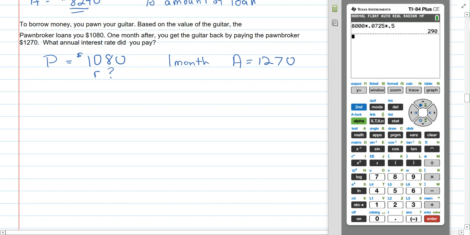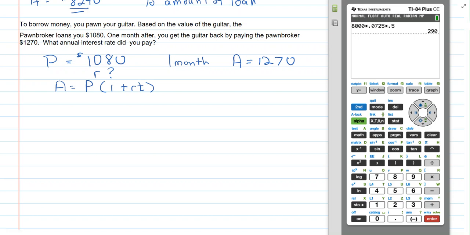All right. So we understand A equals P(1 + RT). So let's look at this and figure out how much it would cost him.